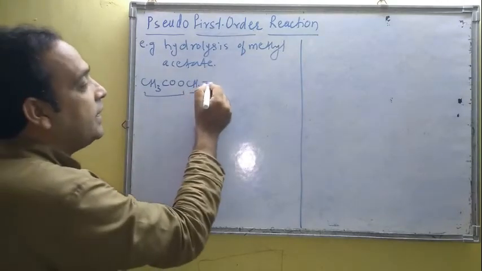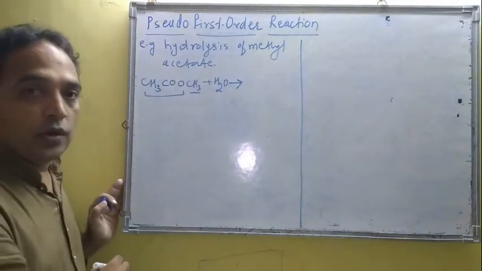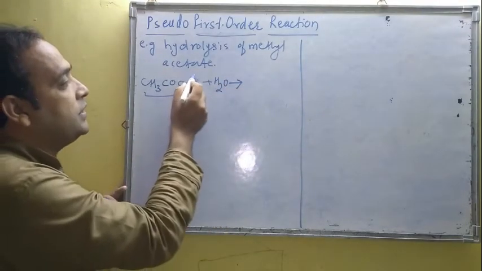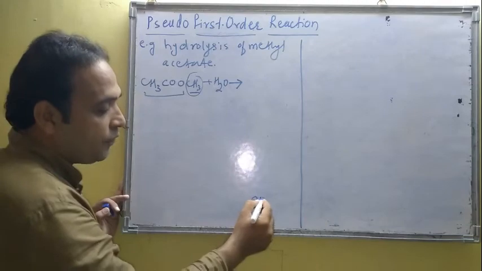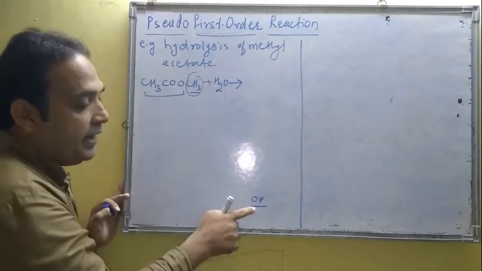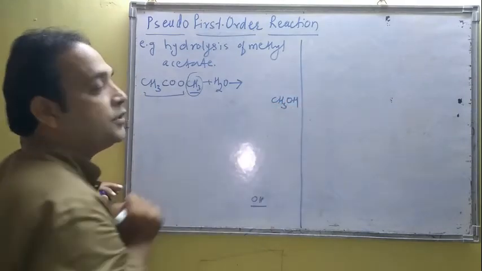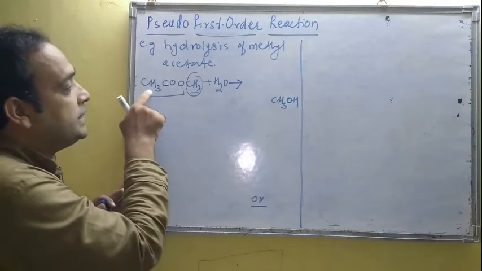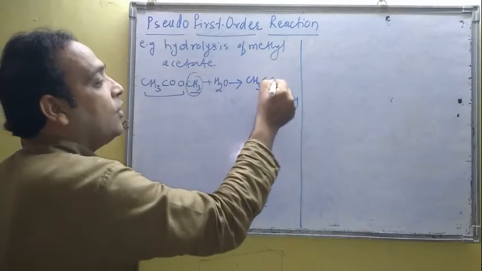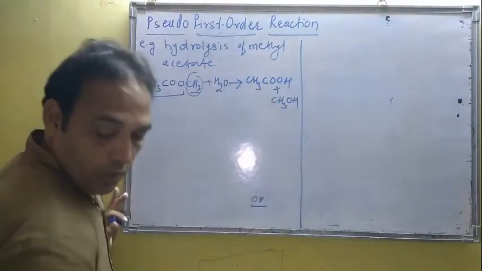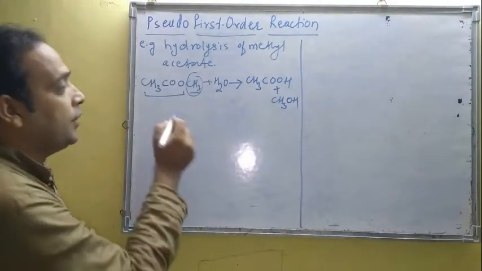Now methyl acetate reacts with water molecule, undergoing hydrolysis. See this part, CH3 and OH from water: CH3OH is removed. The remaining part is CH3COO and H from water, which means methyl acetate on hydrolysis converts into carboxylic acid.